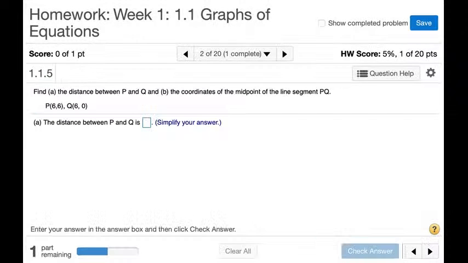Find the distance between the points and the coordinates of the midpoint. So we're actually finding the distance and the midpoint. So let me take some notes. Let me do paper, graph paper. This comes from section 1.1, graphs of equations.